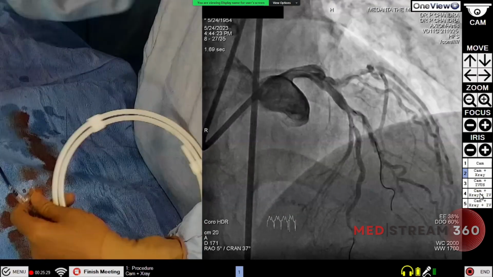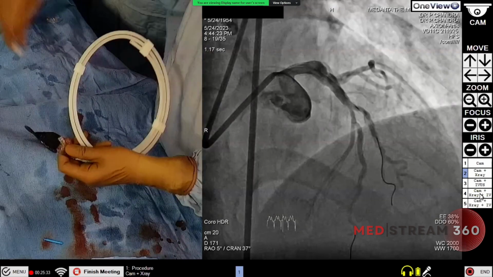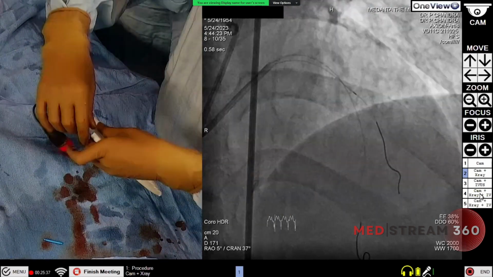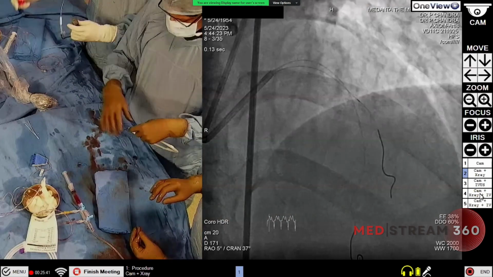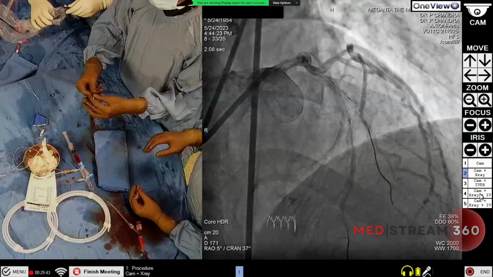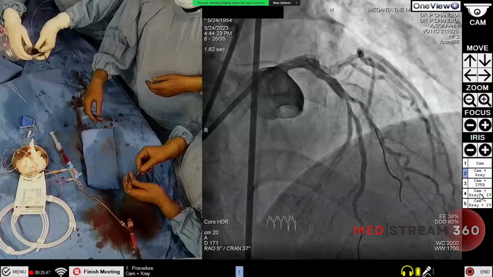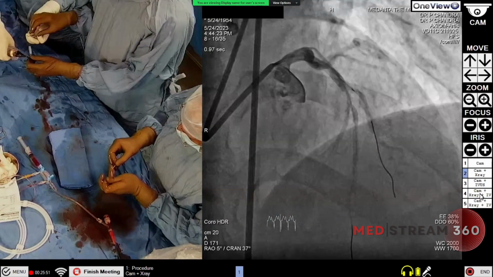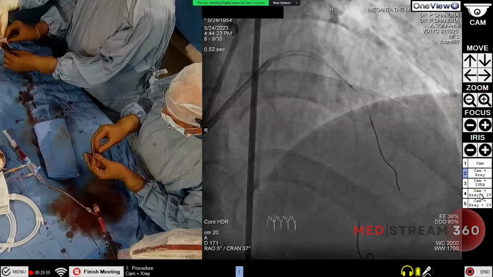And moreover, one very interesting thing is that this patient has a very intense aversion to getting a stent. Maybe in his family someone had an issue after a stent, so he is mentally very averse to getting a stent implanted.